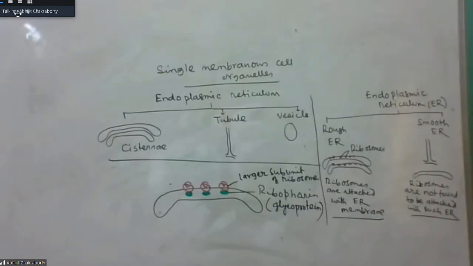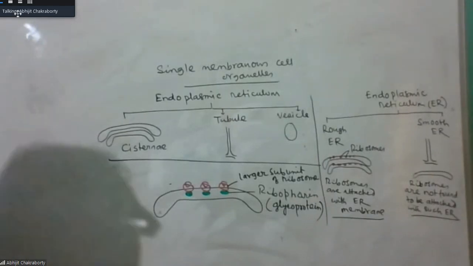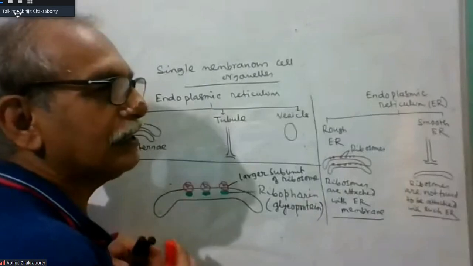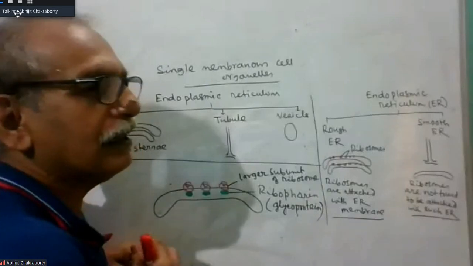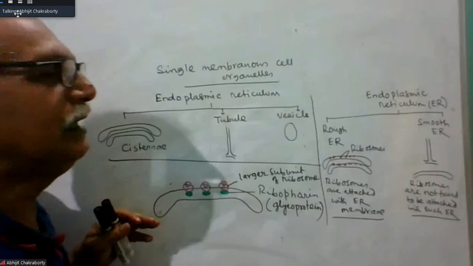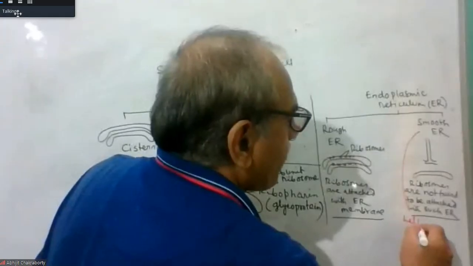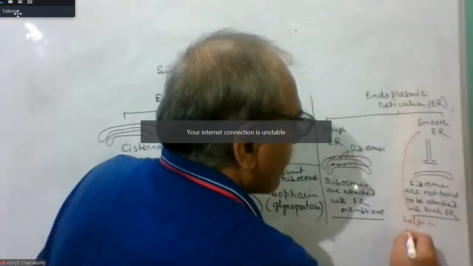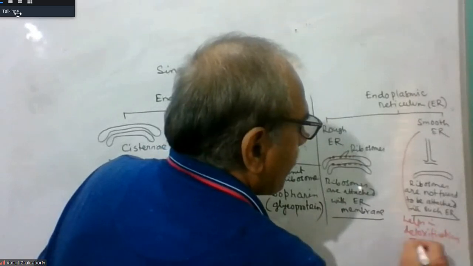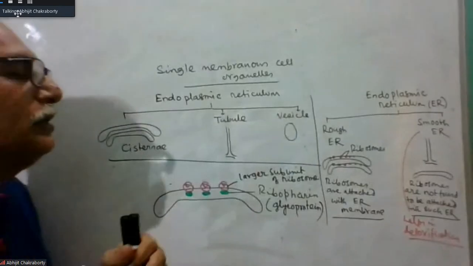Detoxification also. If some toxic substances are carried to the liver, then smooth ER helps in the detoxification of those substances. The question is, how does it help in detoxification?